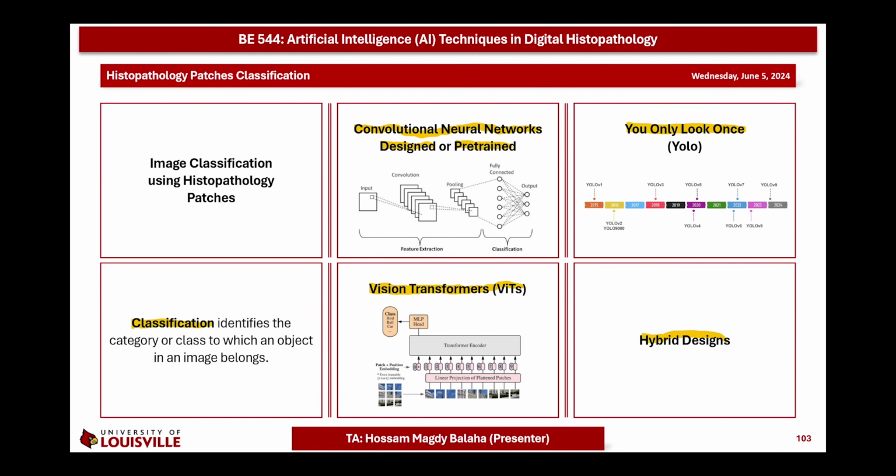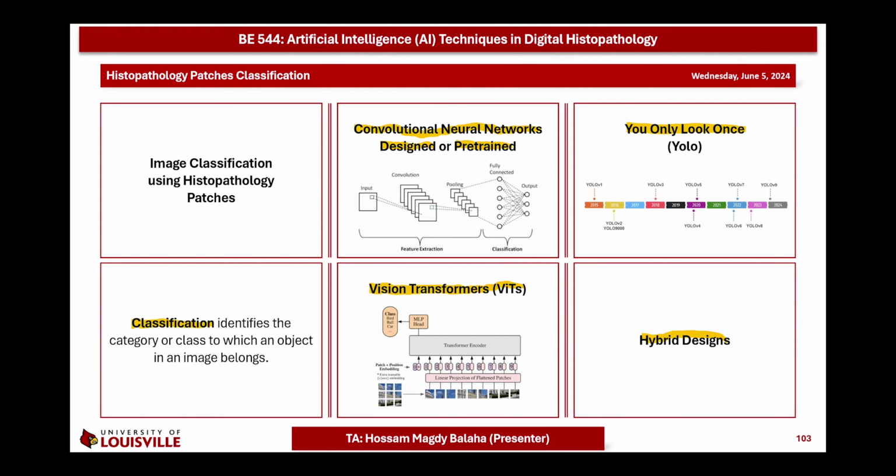And last, you can mix multiple models together or stack them together, such as combining a pre-trained model and a vision transformer, or combining YOLO and a vision transformer. By combining any two approaches together, you can call them a hybrid design.